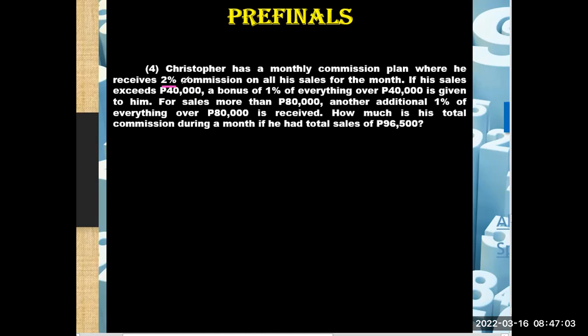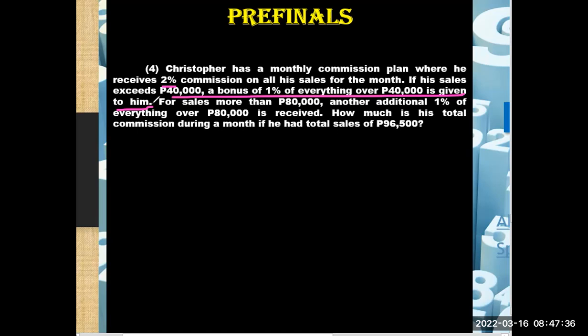If his sales exceeds 40,000 pesos, a bonus of 1% of everything over 40,000 is given to him. Pag lumagpas. If hindi lumagpas, 2% lang yung kanyang commission rate. Kapag lumagpas, addition daw or bonus. Pero 1% na lang yung rate para doon sa addition na yon, kapag lumagpas ng 40,000.